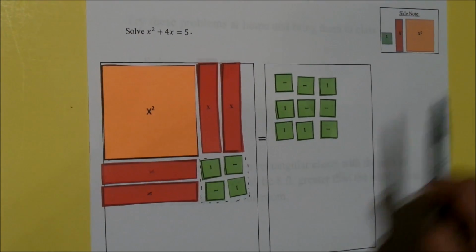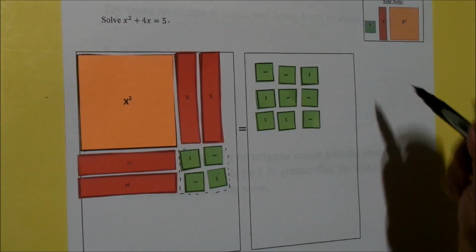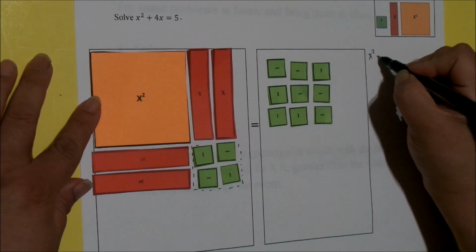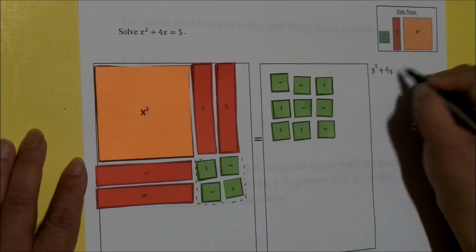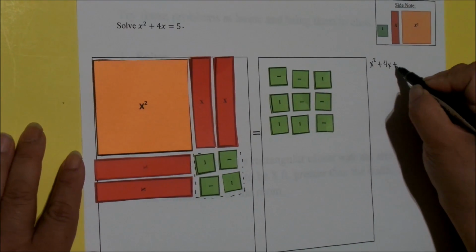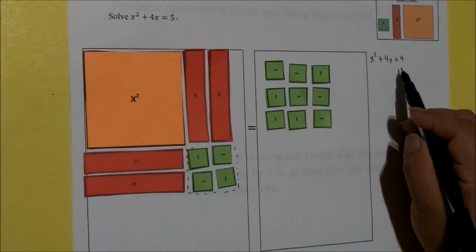On the left side, our trinomial is x squared plus 4 x's, 1, 2, 3, 4, plus 4, 1, 2, 3, 4. Now this trinomial is a perfect square.